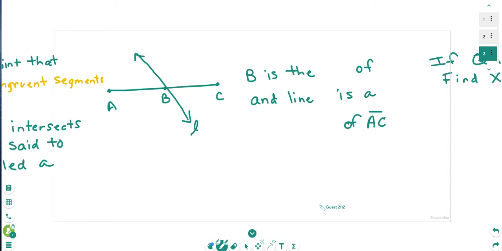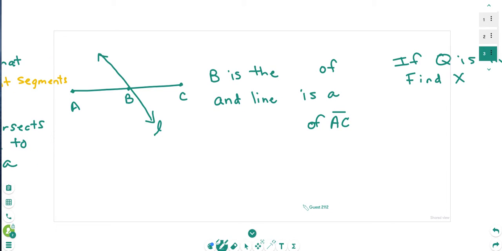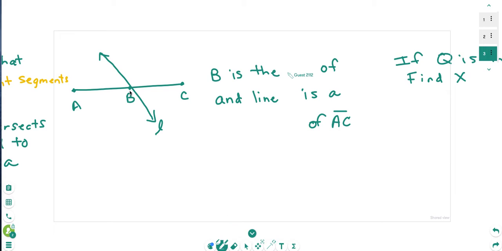So now we're going to take a look at a segment bisector. If we look at this diagram, B is our midpoint. And it is the midpoint of line segment AC.